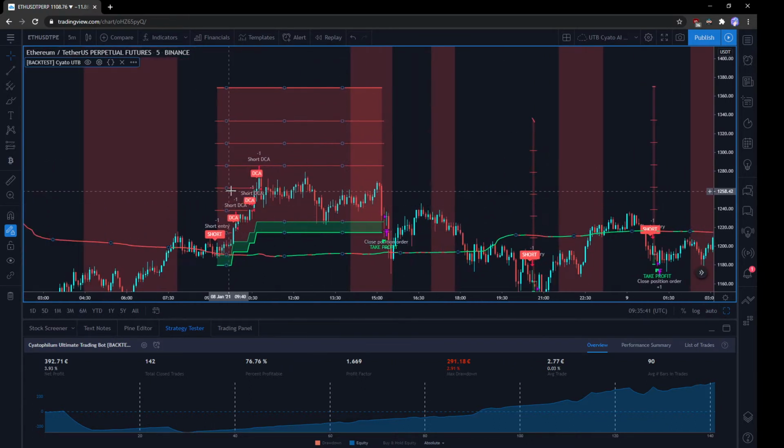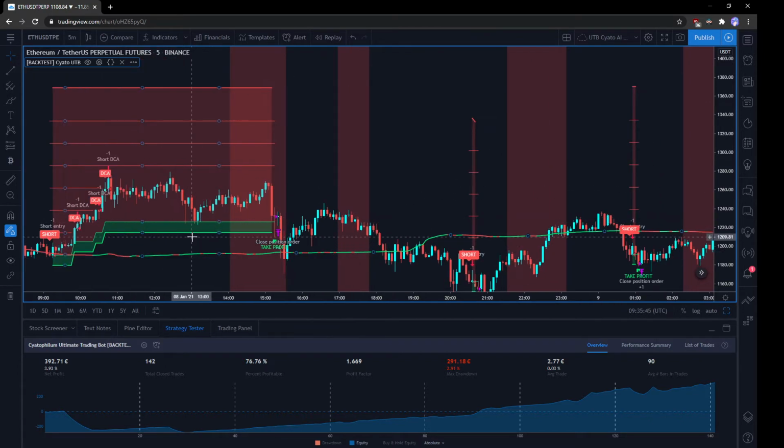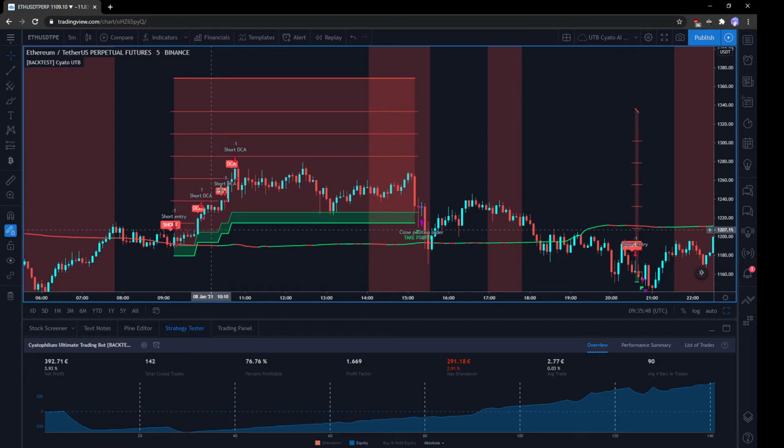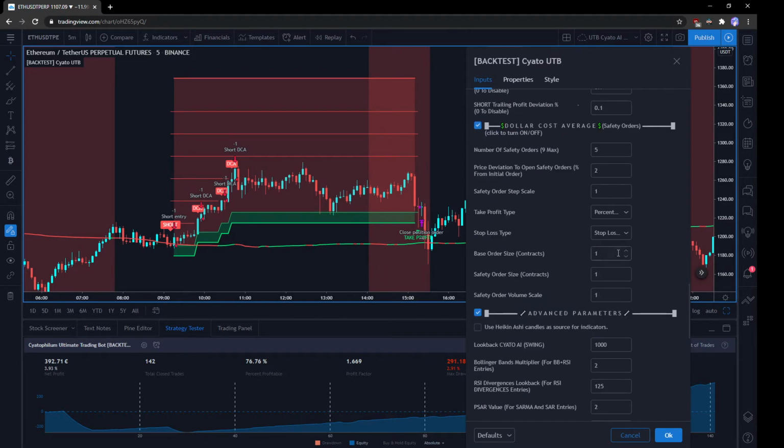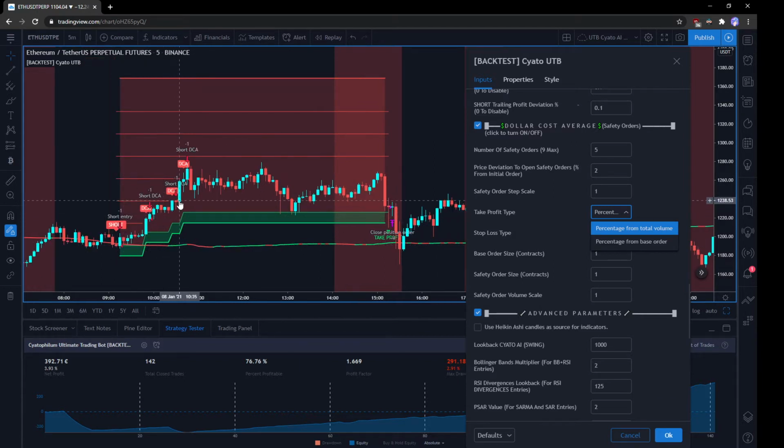So when the price goes against you, it creates a safety order, and the total volume increases, meaning that since we set the take profit to a percentage from total volume, you can see the take profit is changing on each safety order because the average entry at the beginning is here, and when we buy it's now here because we entered here and here, you see, with the small red arrows, and then we enter here, and here, and every time the total volume changes and the take profit target changes also.